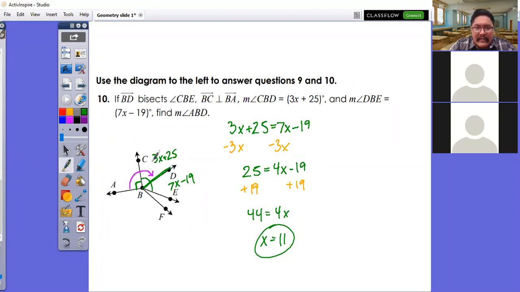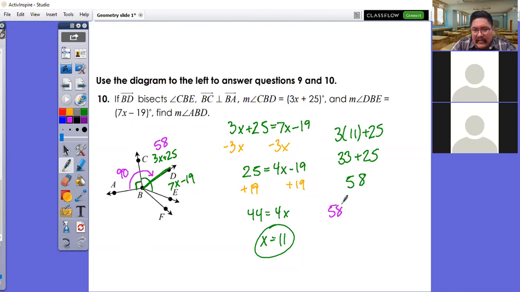And I think in this case, it might be easier to do this one here, because I'm looking for this large angle here that I marked in purple. 3x, so 3 times 11 plus 25, so that'd be 33 plus 25, that'd be 58. I'm gonna double check that really quick. Yep, and now I know this is 58 degrees, and this is 90.